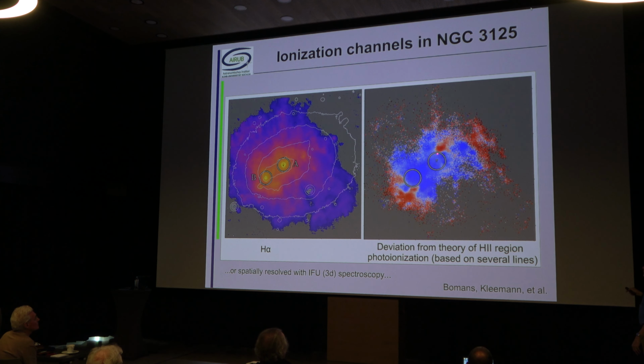So we would see this, and these are the positions of two very young star clusters, and this blue area here would be density bound, contrary to the red areas which would be ionization bound. So this galaxy is a leaker, and we see where it is leaking out, perpendicular to the disk of the galaxy.